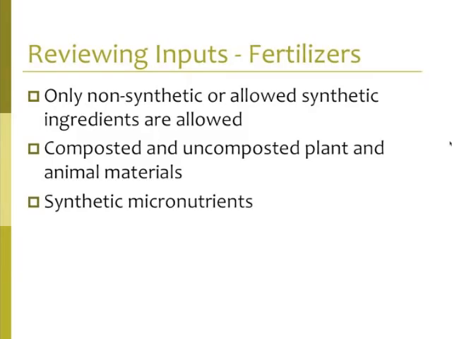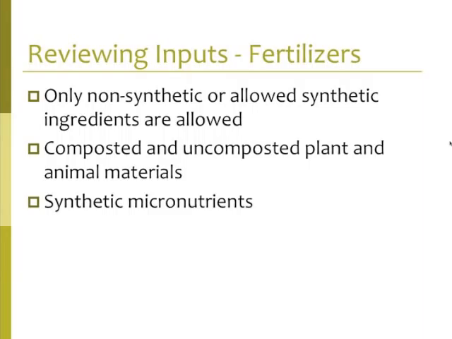If you're composting animal manure on your operation, rather than buying pre-composted manure, your plan would also need to have a description of the composting process you're using, and most certifiers also like to see a copy of the composting time, a record of turning the compost, and a record of the temperature that was maintained during the composting process.